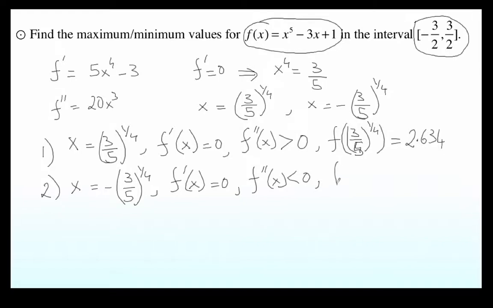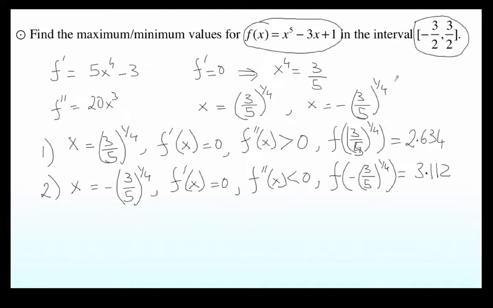And if I take the value of the function at this point, in other words at minus 3 by 5 to the power 1/4, with the help of my calculator, I find that this is 3.112. So certainly this can be a local maximum and this can be a local minimum.